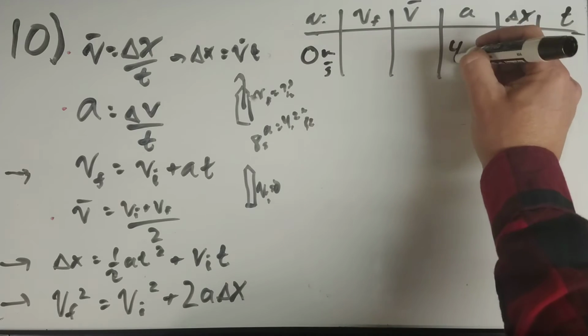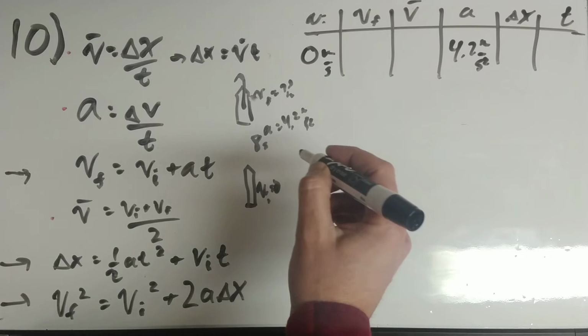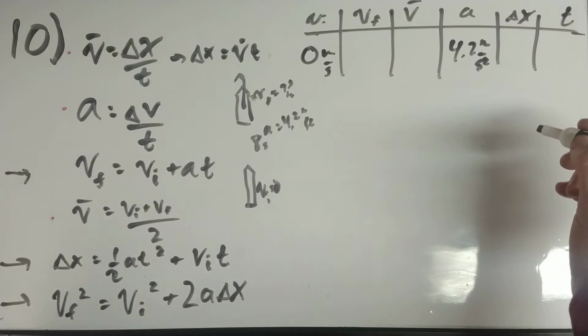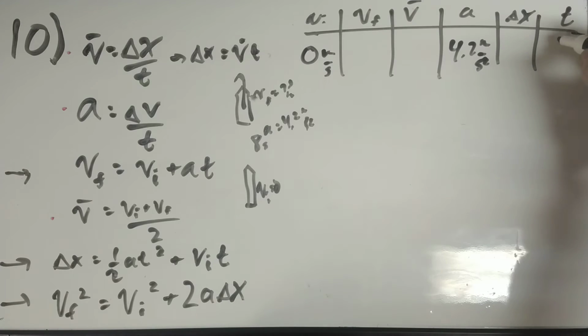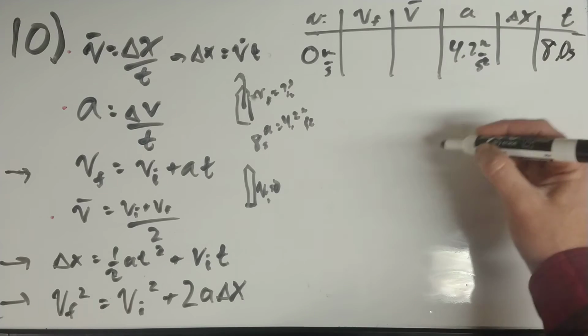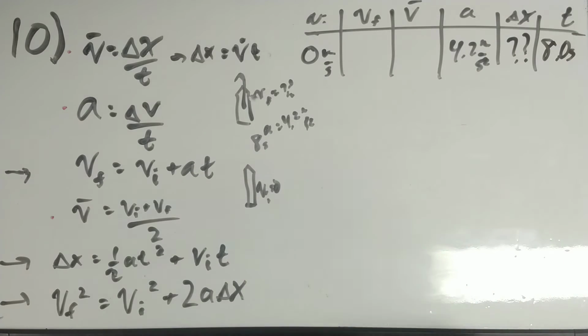It accelerates at a rate of 4.2 meters per second squared, and it does it for a time of 8 seconds. Okay, and we're looking for the displacement, so that's our big unknown quantity.